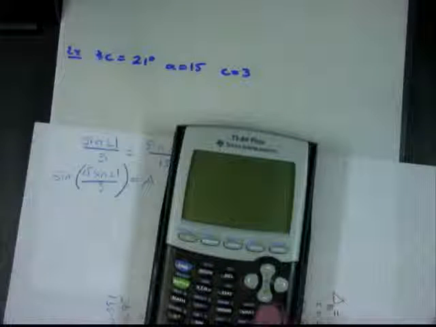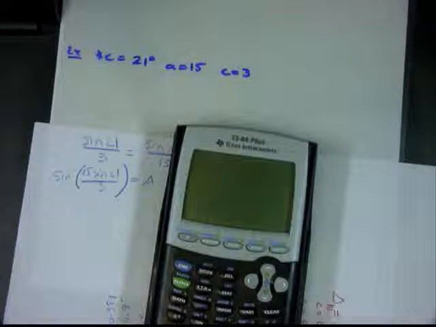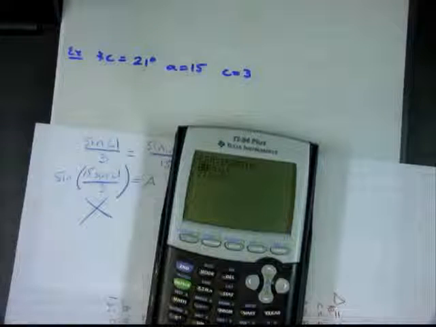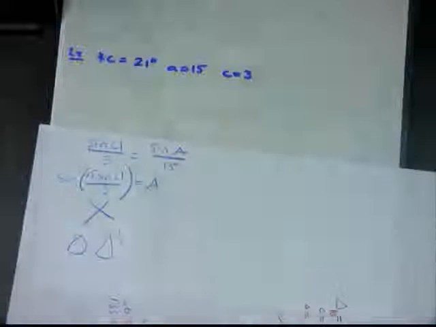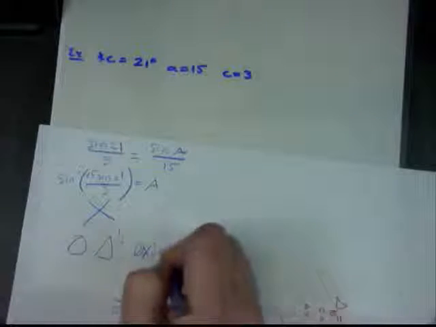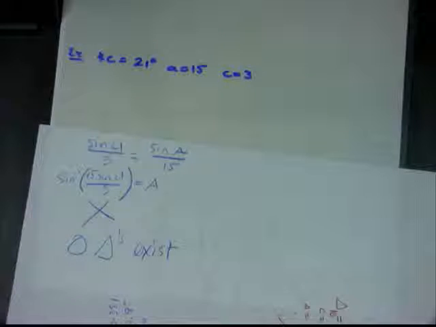When I put this in the calculator, I get an error. That means I can't even make one triangle. Zero triangles exist. Like I said, in class I'll prove to you why that is true. But for this assignment, we're going to use our law of sines, setting up angles to sides or sides to angles, whichever relationship we're trying to solve for.